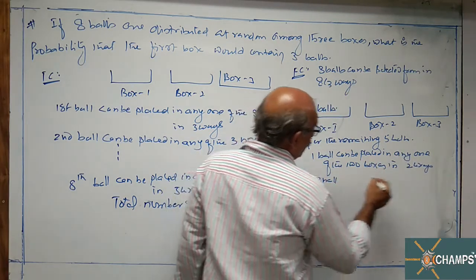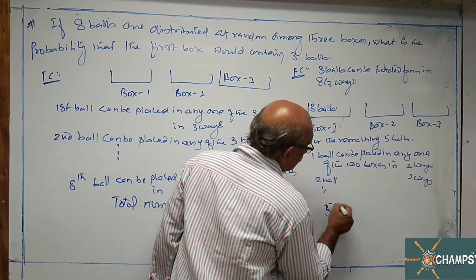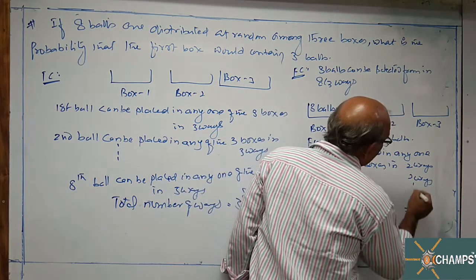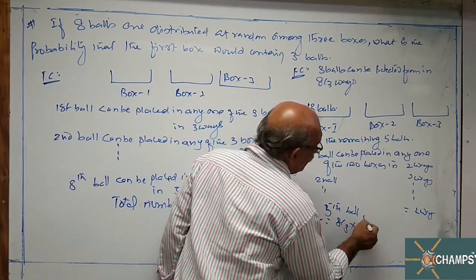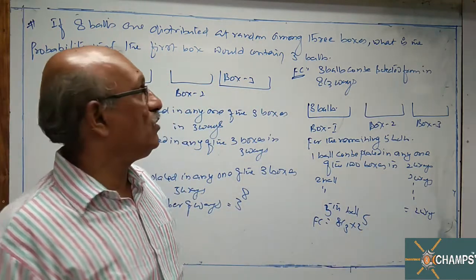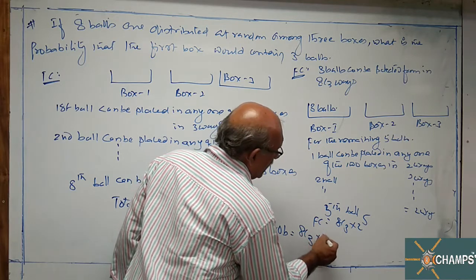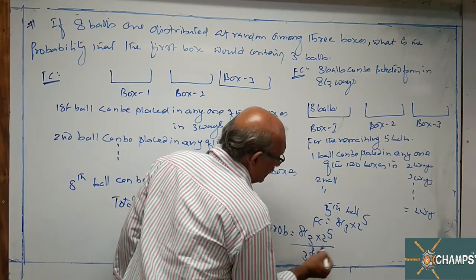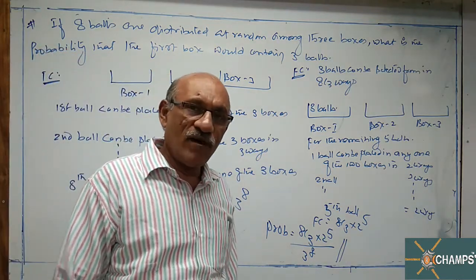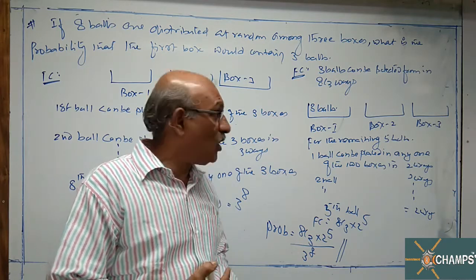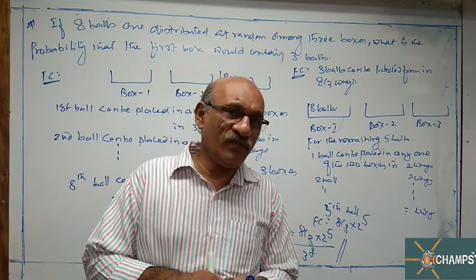For second ball also 2 ways, etc. For fifth ball also 2 ways. So favorable cases are 8C3 into 2 power 5. So probability is equal to 8C3 into 2 power 5 divided by 3 to the power of 8. Okay, sir. Very good question. When you are solving this question, do it with presence of mind.